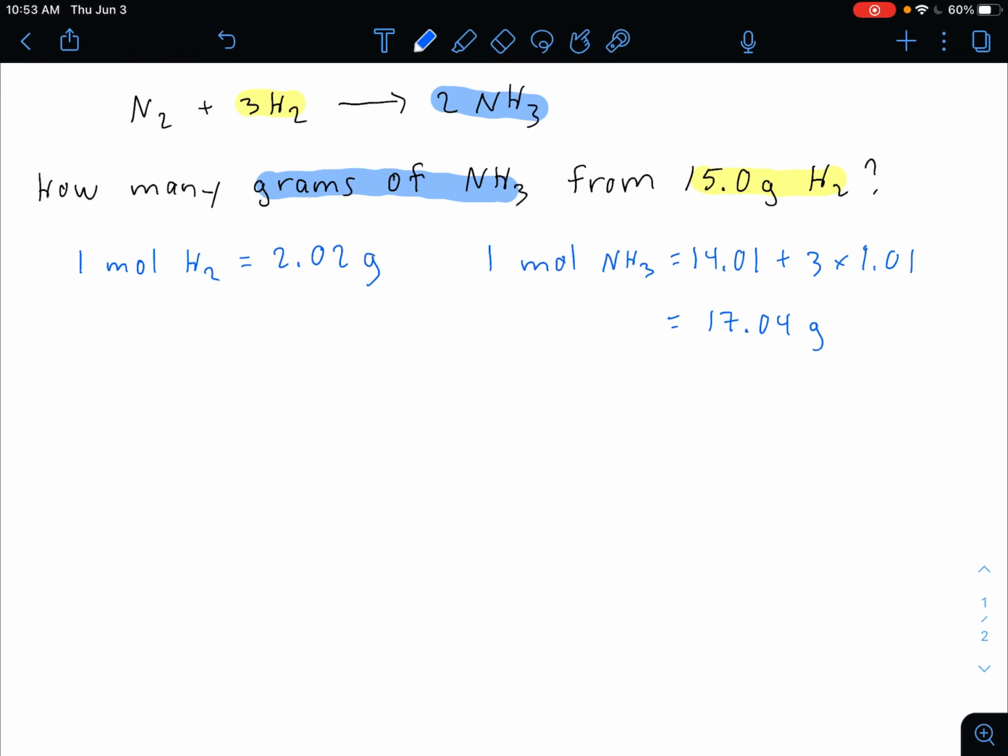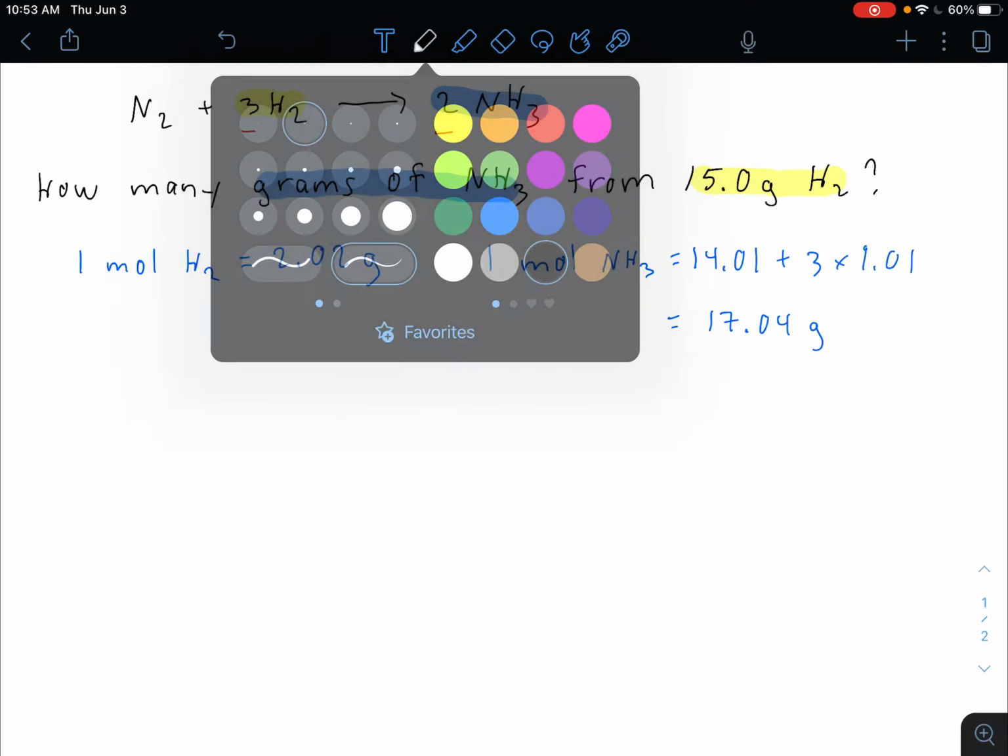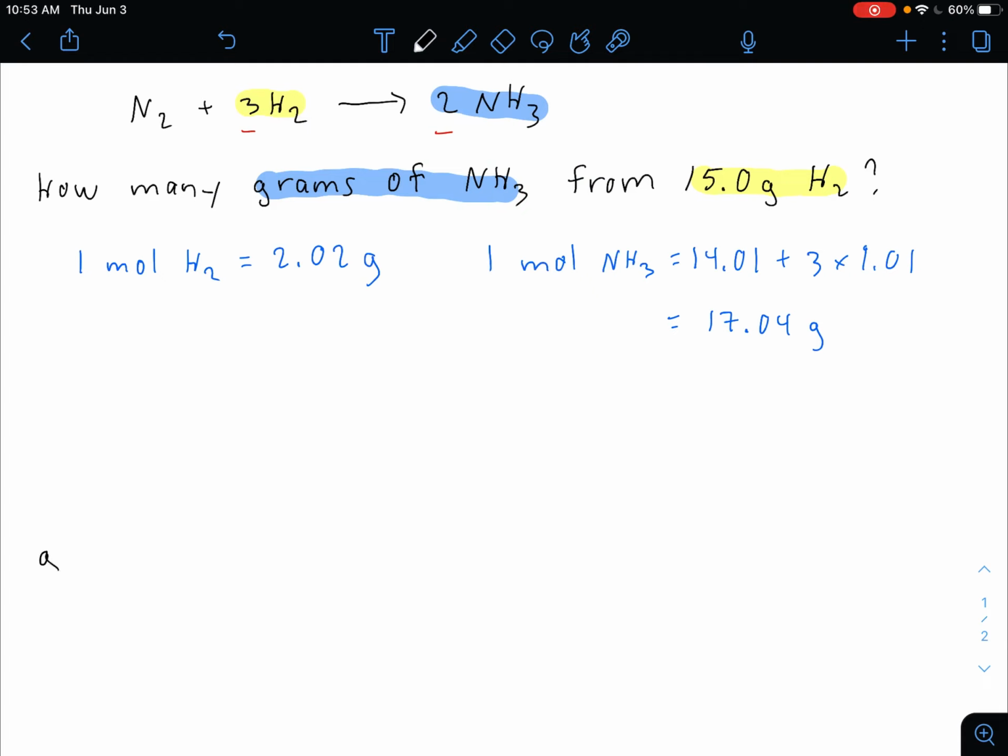And then the only other thing, right, our balanced equation says 3 moles of H2 in, 2 moles of NH3 out. So our plan, grams of H2 to moles of H2 to moles of NH3 to grams of NH3. All right, so we have what we need to do that.